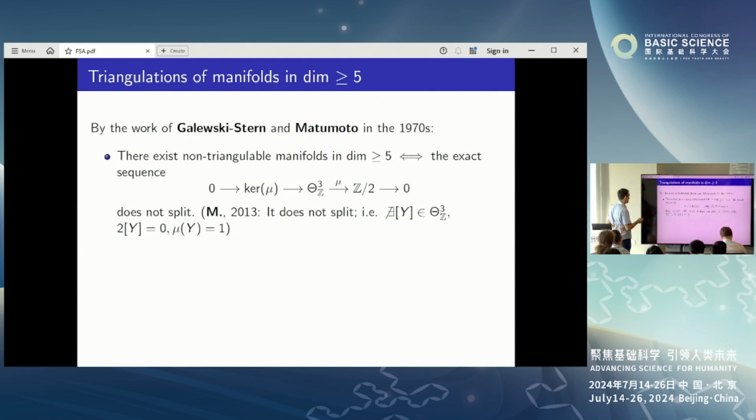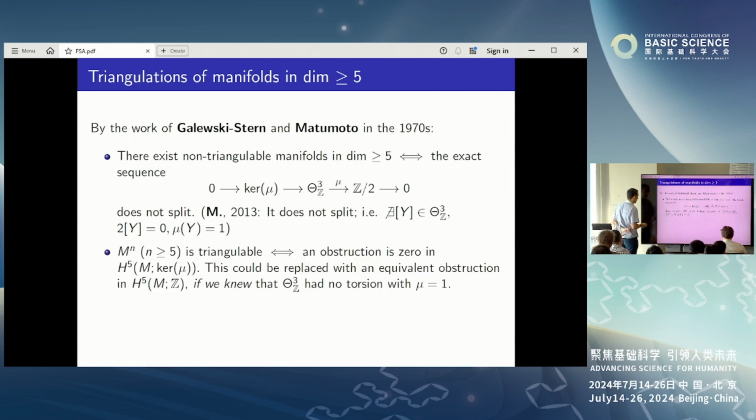So I will say some words about how to do that. But let me also discuss the other questions. Okay, so maybe this tells you if non-triangulable manifolds exist. You could also ask which ones are triangulable. And they show that they are triangulable if and only if some obstruction class in the fifth cohomology is 0.